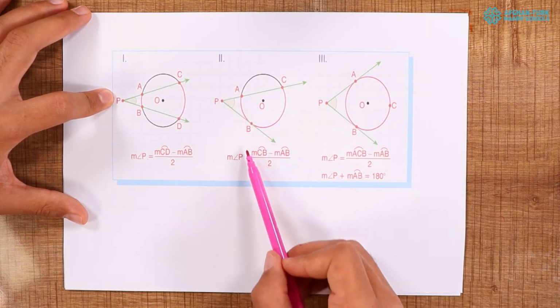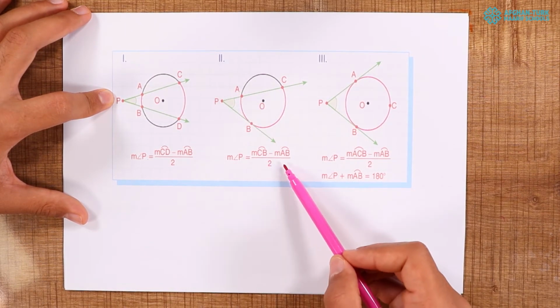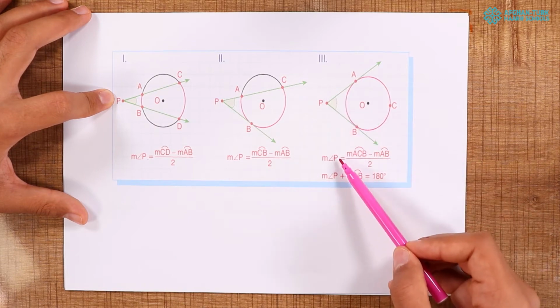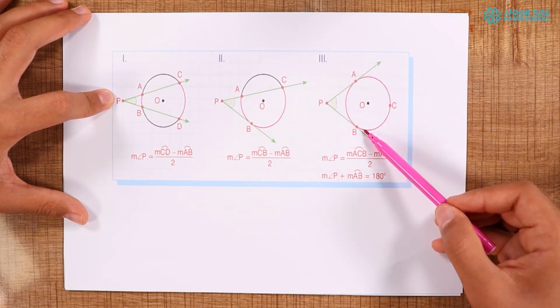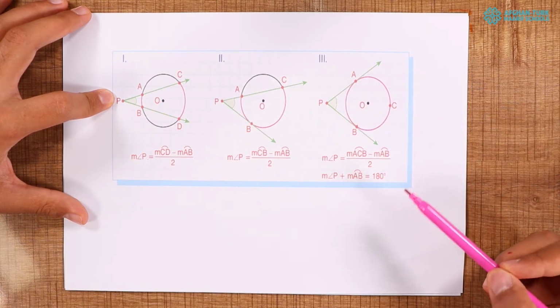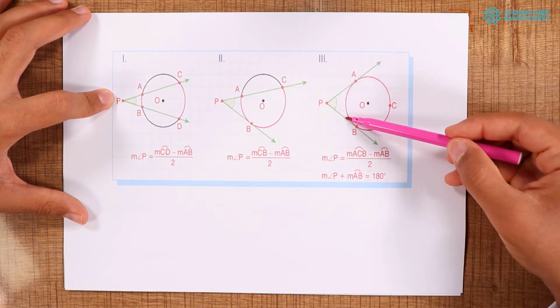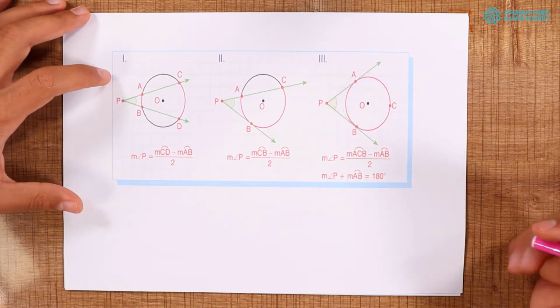Look, measure of P is equal to CB minus AB over 2. And also, measure of this P equals arc ACB minus this arc AB over 2. Or we can say, measure of P plus measure of this arc AB is equal to 180 degrees.